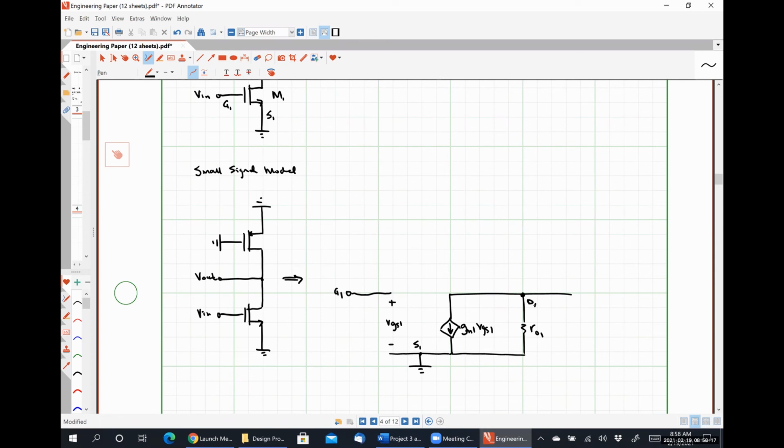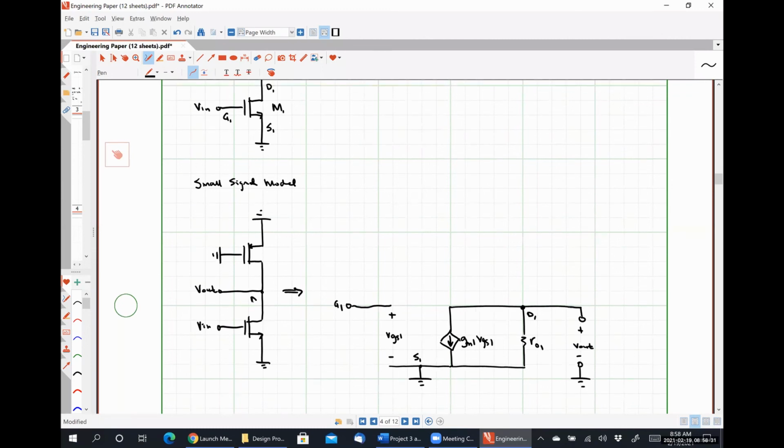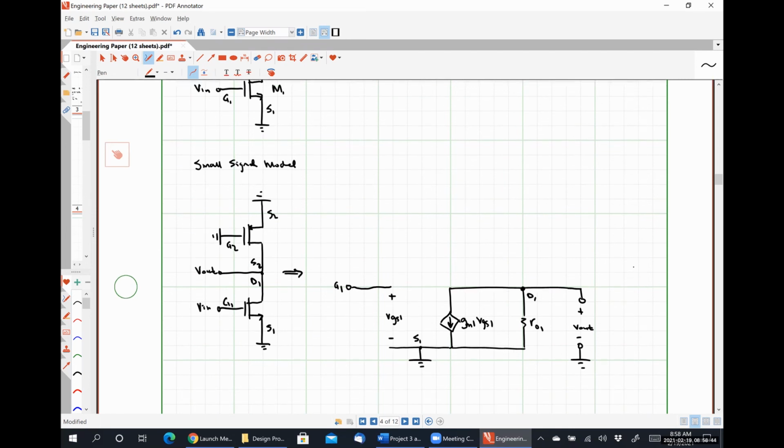This is my drain terminal of transistor 1, and here's where my output voltage is measured between the drain. So here's V1. So between V1 and ground is where my output voltage is.